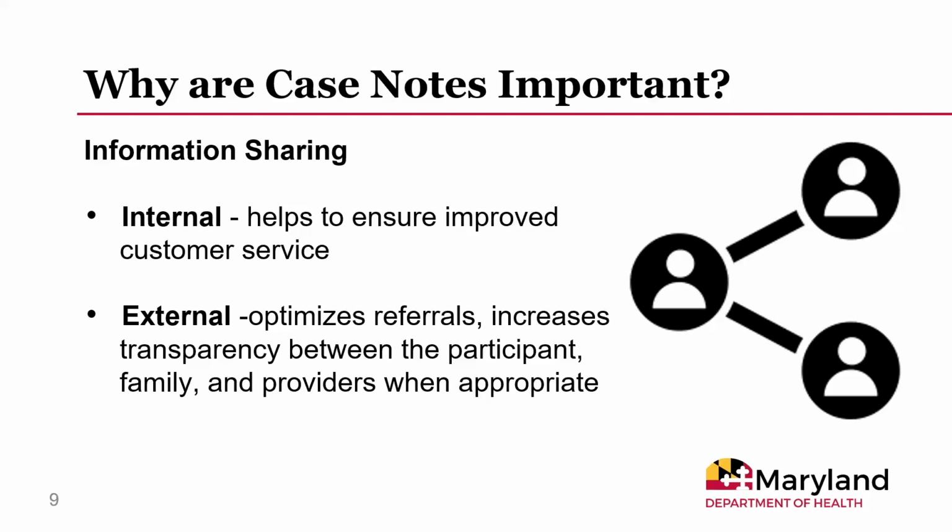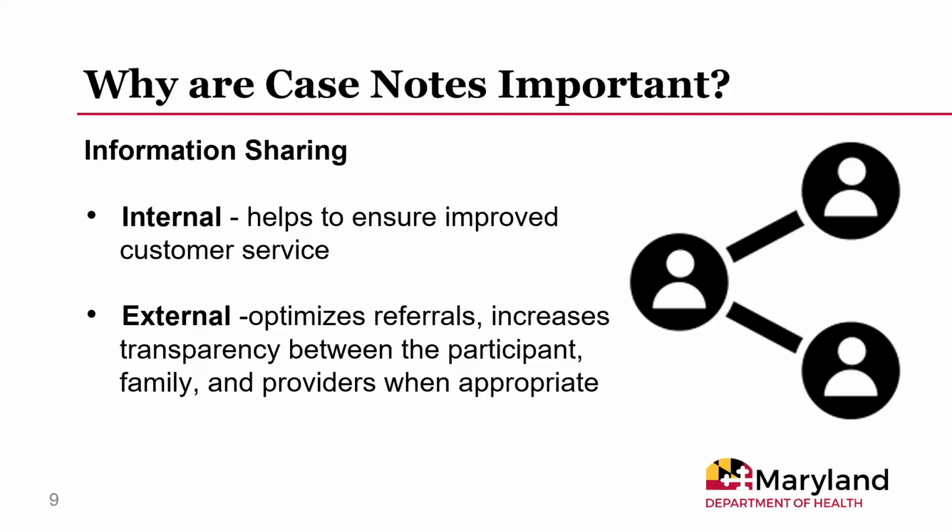While the actual sharing of case notes is limited due to HIPAA, participant records, which include case notes, may be subpoenaed by the court system and may also be requested by the participant or designated representative at any time to better understand what has been documented regarding a CCS or other provider of service.